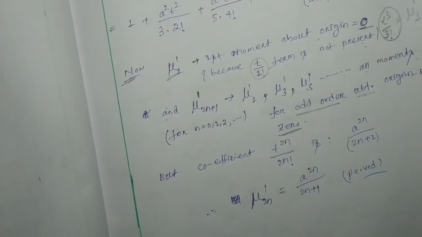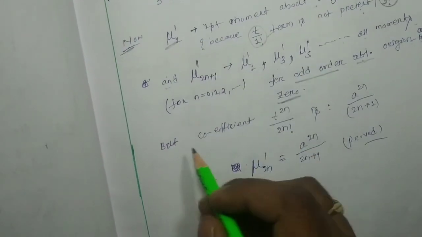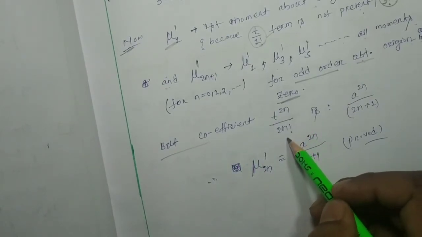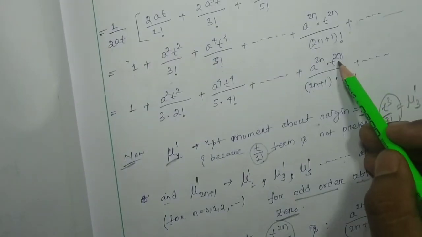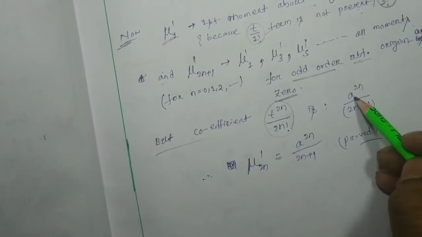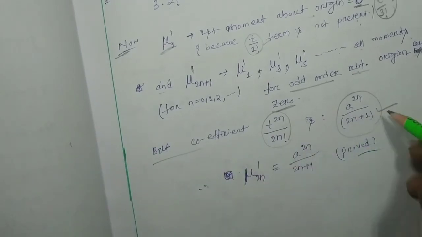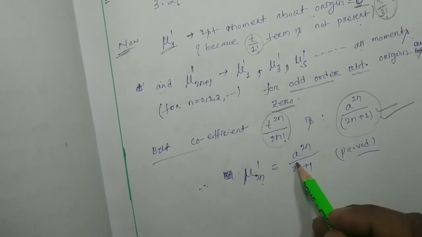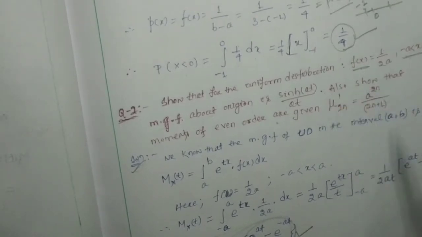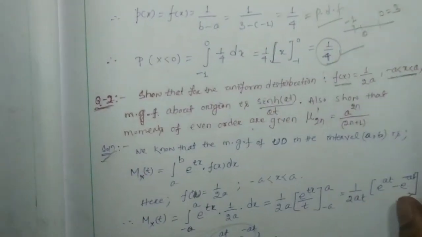But the coefficient of t to the power 2n by 2n factorial is how much? a to the 2n by 2n plus 1. So this we intended to prove initially, and here we have proved that mu 2n dash is equal to a to the 2n by 2n plus 1. In the question this much we had to prove, and here we have proved it.